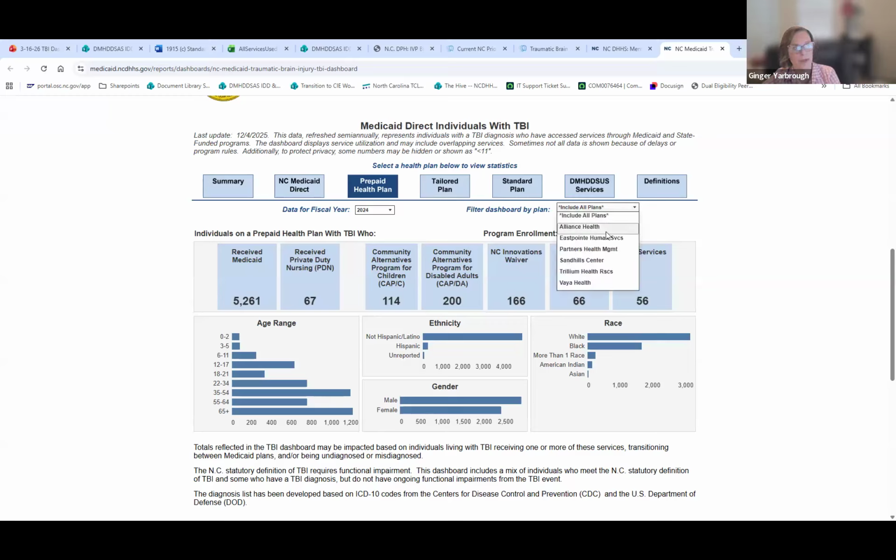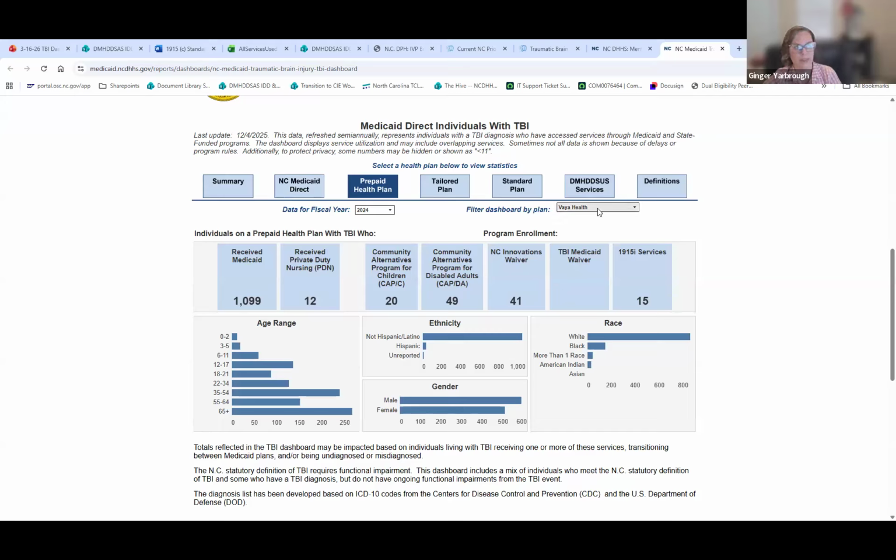Here you can also go through and separate it by tailored plans or by prepaid health plan, I guess I should call them. So for example, I'll pull up Alliance. You'll see numbers all the way across. I do want to point out, if I were to pull up, let's say VIA, the numbers change and you will not see anything in the waiver because the waiver has not gone statewide yet.